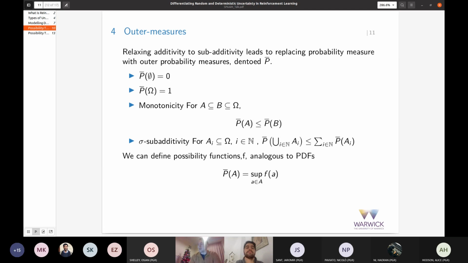Here they make sense because they are essentially a probability measure with the additivity condition relaxed. For them, we can define possibility functions analogous to PDFs, but this time, instead of an integral like we would with a PDF, we have a supremum, which is because of the additivity changing to subadditivity. It makes sense with our intuition.